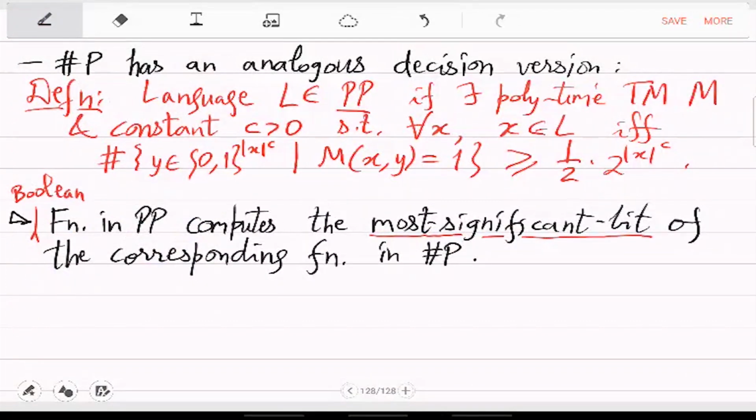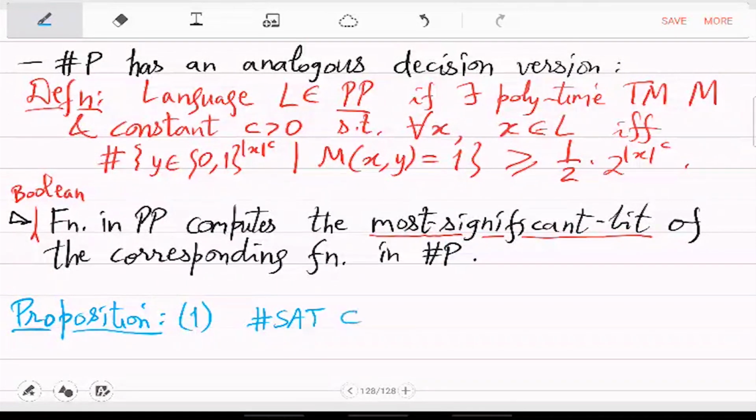So we will now prove some interesting facts, that actually PP and #P are in a way equivalent. So what we will show is #SAT can be solved using PP as an oracle.